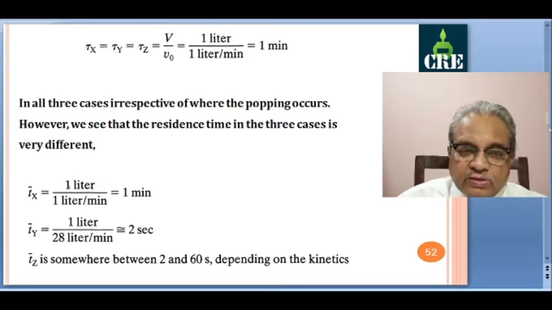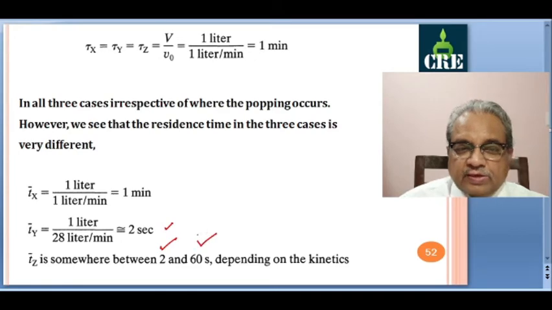In the first case it is 1 by 1. In the second case it is coming out at this rate, so it is approximately 2 seconds. And in the third case we are not sure exactly how much popping is taking place along the length and in which region. So we can only say it will be somewhere between 2 seconds and 60 seconds, depending on the kinetics.